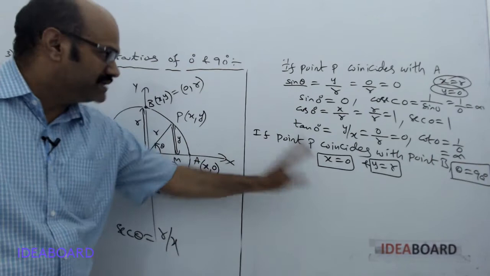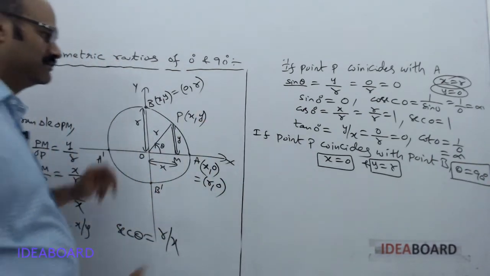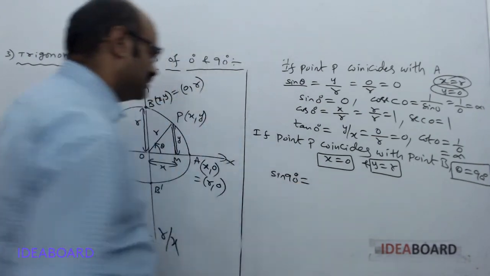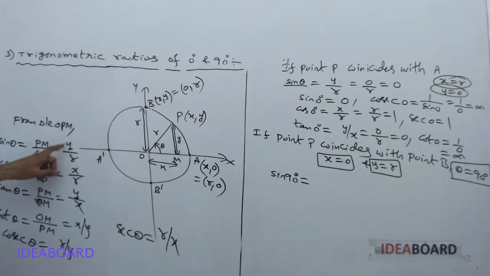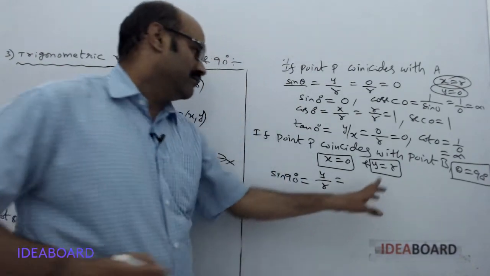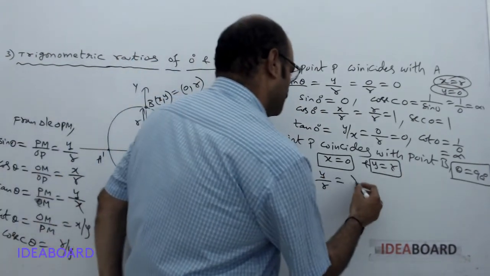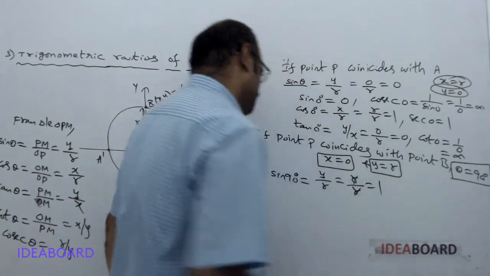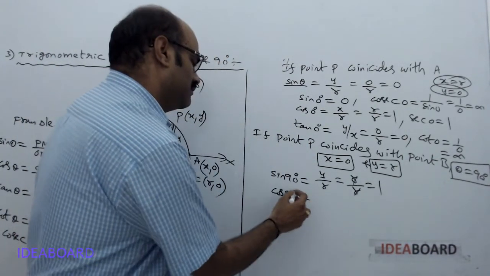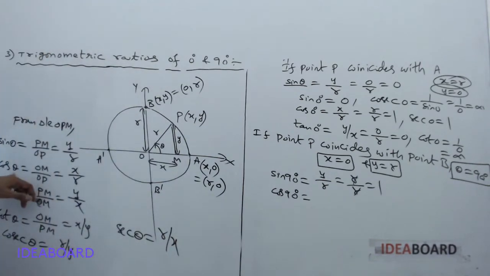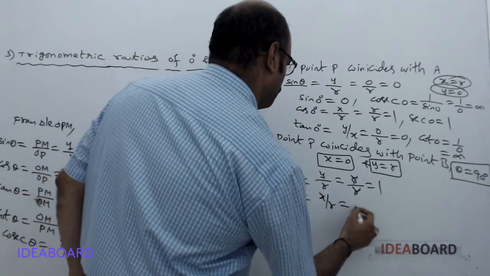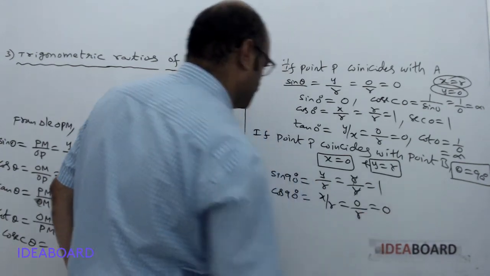Therefore sin 90 degrees equals, by the sin theta formula, y by r. Y equals r here, so r by r equals 1. Cos 90 degrees equals x by r, which is 0 by r, equal to 0.